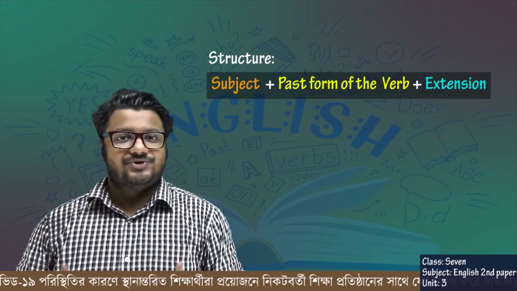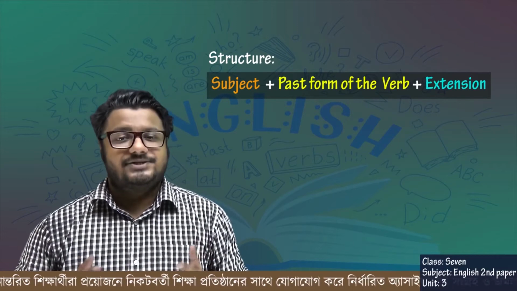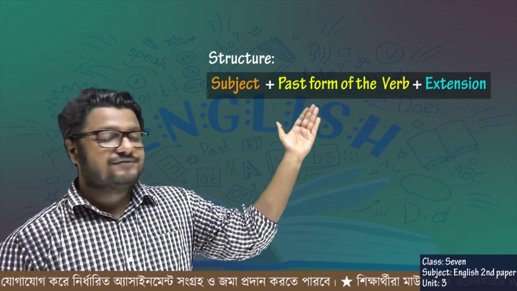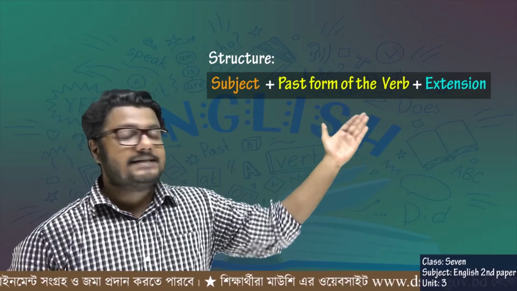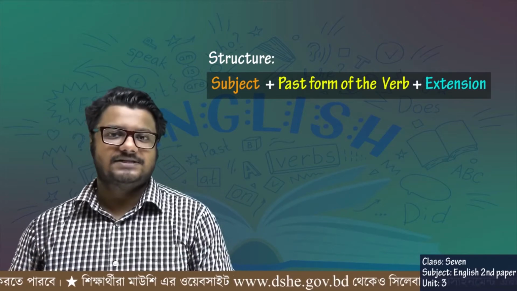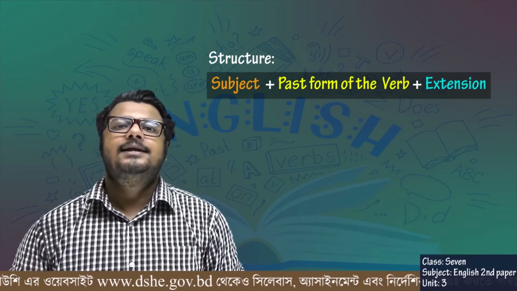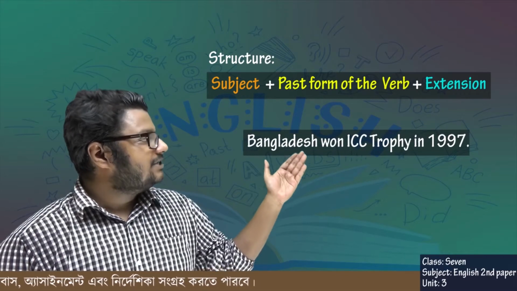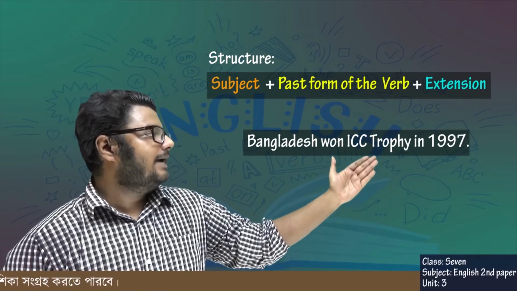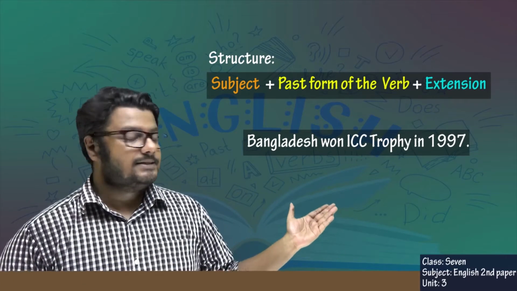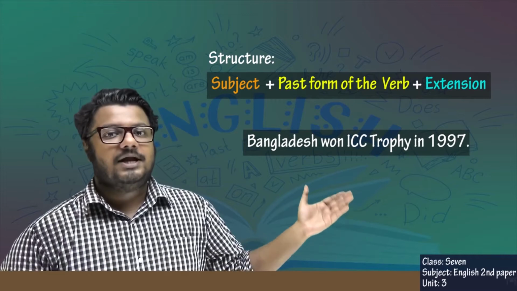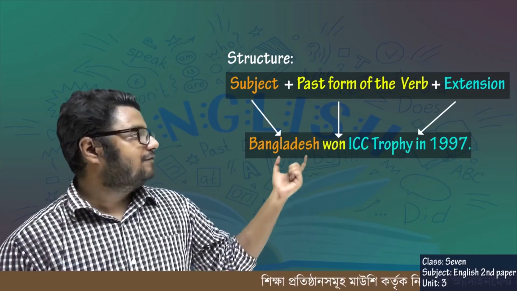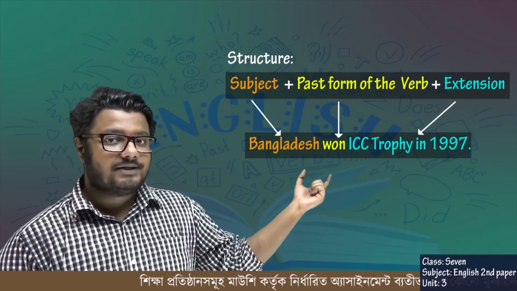Now let us look at the structure of past simple tense. The structure of past simple tense is subject plus past form of the verb plus extension or the rest of the parts of the sentence. Now again, let's read a sentence that we saw in section A. Bangladesh won ICC trophy in 1997. This is an example of past simple tense. Now if we break down the sentence and look at the structure, we will see first there is a subject, which is Bangladesh.